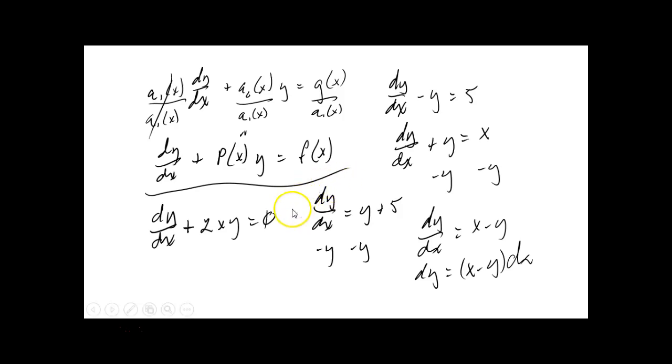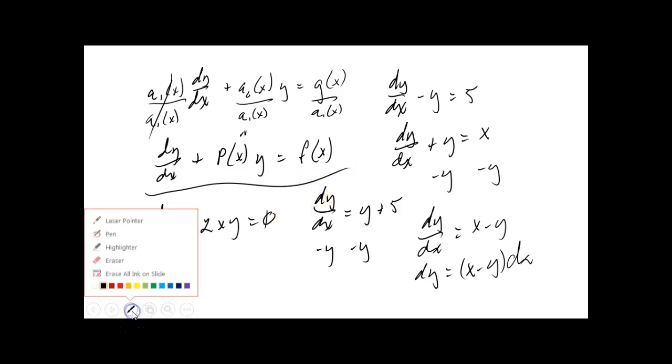So let me start with a clean sheet here. And I will guarantee you we are not going to have time to finish this, but let's at least get started. Okay? So here's your dy dx plus p of x y equal f of x.